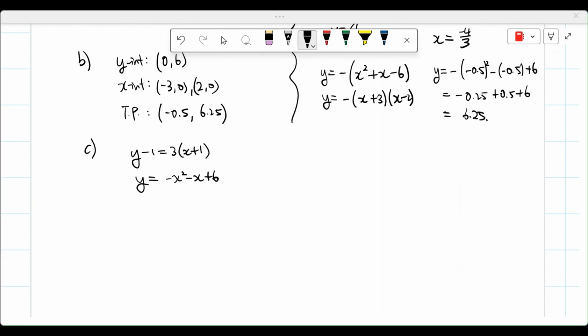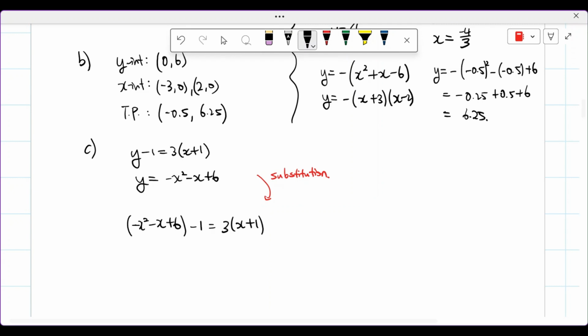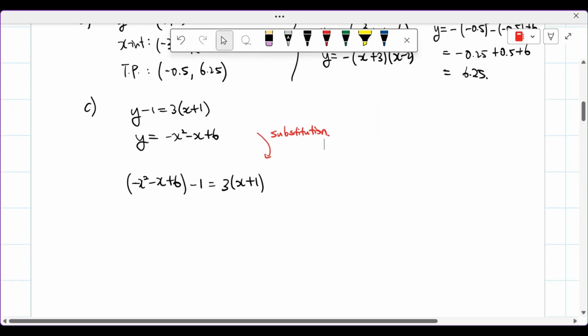So with the substitution, it becomes negative x squared minus x plus 6 minus 1 equals 3 times x plus 1. And when I do that, I have one equation with one variable. So I know for sure that I have the ability to solve this question.